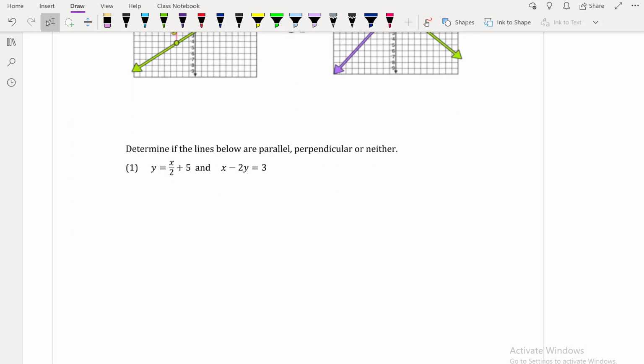So we want to know whether or not these lines are parallel, perpendicular, or neither. What it's really asking us to do is look at the slope, so look and compare slopes. So let's figure out the slopes of both of these equations.